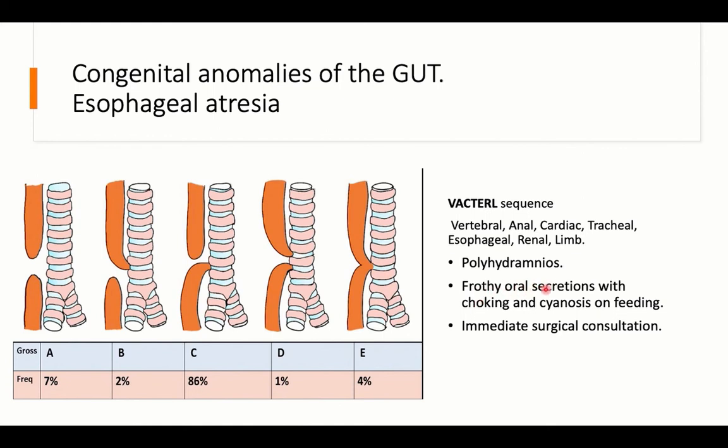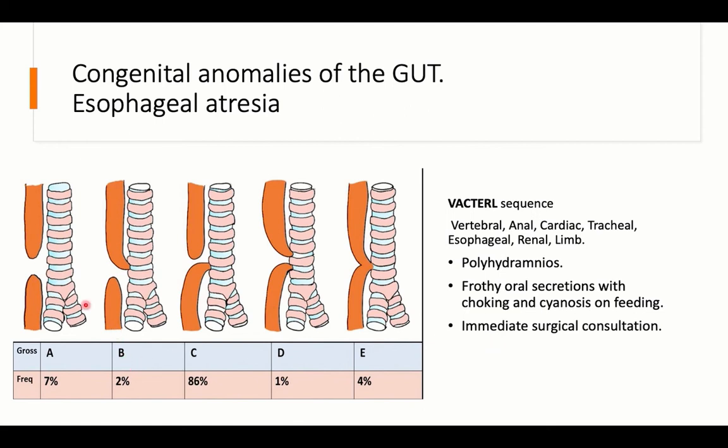This is a very important, common sign, with choking and cyanosis on feeding. If the child is not diagnosed and starts to feed from his mother, the atresia will result in regurgitation of milk back to the trachea, presenting with choking and cyanosis. In this condition, immediate surgical consultation is required to undergo surgical correction after resuscitation of the child.